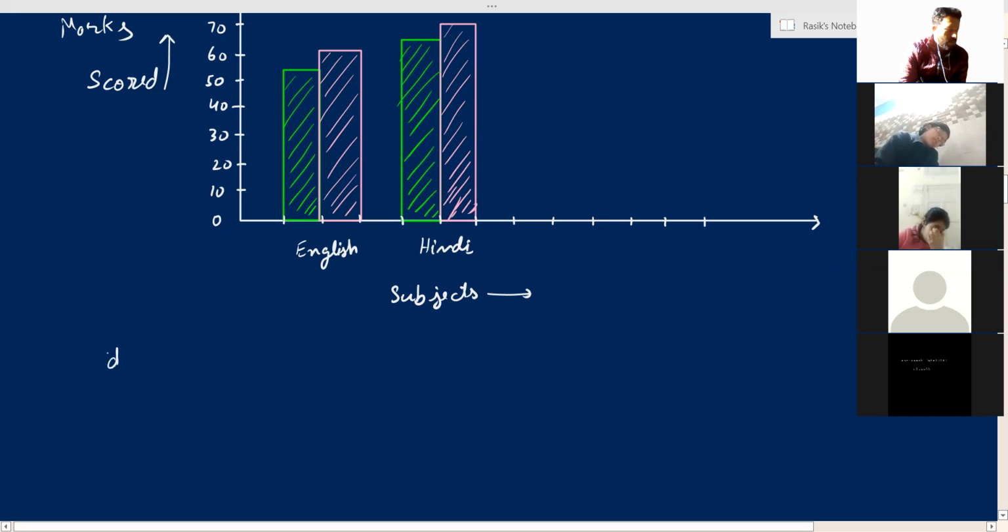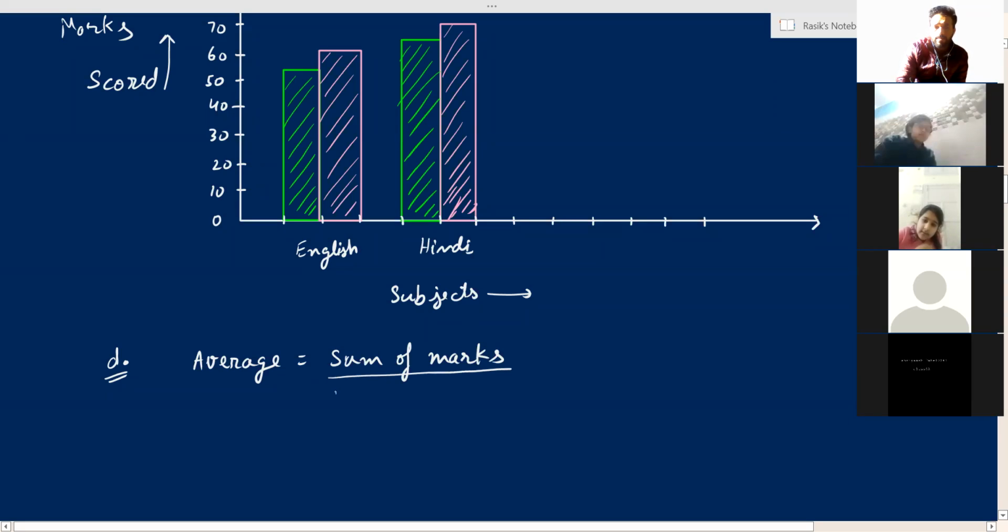So last part, I will help you out in this one. Anyone remember what is the formula of average? We have done this in the last term. Average equals sum of observations. In this case, you can write sum of marks upon number of subjects.